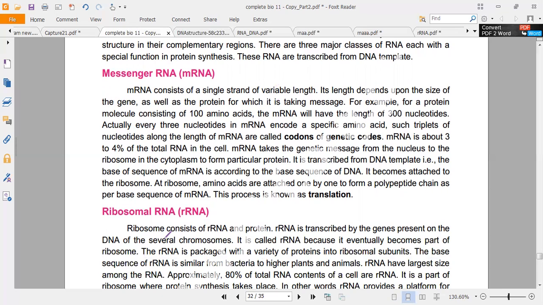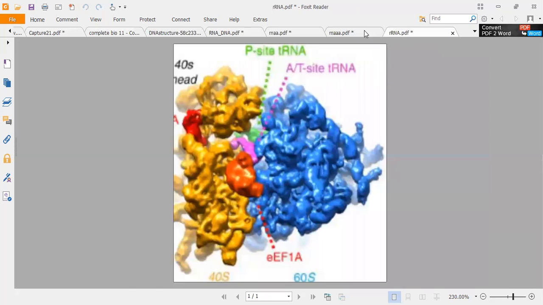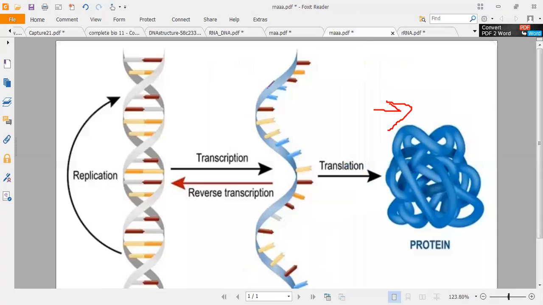So what is messenger RNA? Yes, this is messenger RNA, which is transcribed from DNA, and its length depends upon the size of the gene as well as the protein for which it is taking a message.